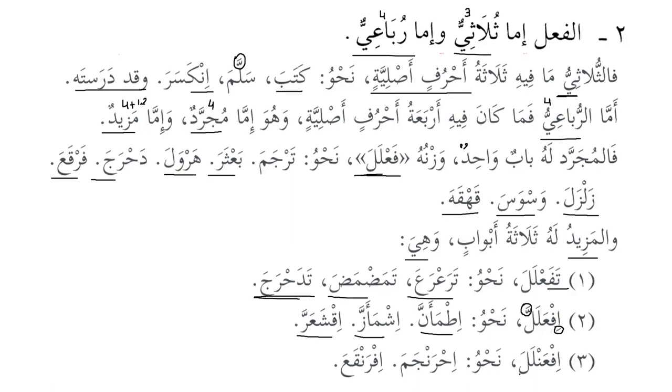And then we have if'anlala. In if'anlala, we have hamza extra, and similarly we have noon extra in that. For example, ihranjama, that means to come together, and ifranqa'a is to disperse, so they have different meanings. Ihranjama is to come together, and ifranqa'a means to disperse.